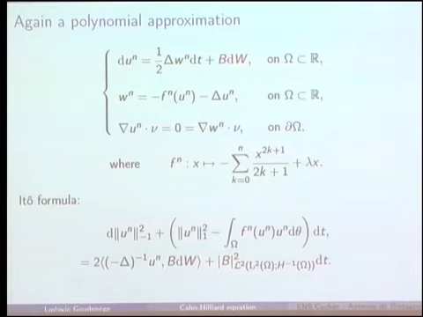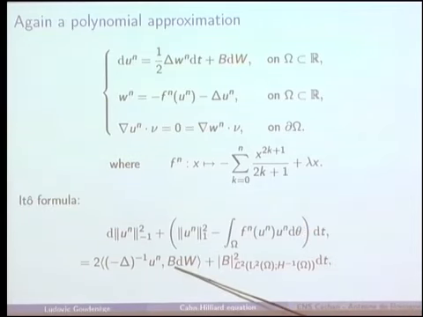If you have in mind the deterministic case, you can write some a priori estimation on this equation, which is again a polynomial approximation of the function, but in the stochastic case. So you have the same terms as in the deterministic case.